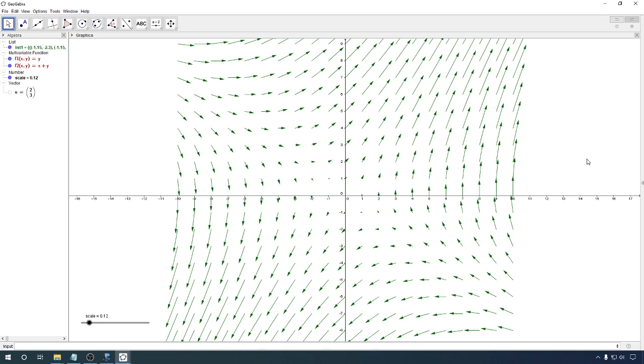These are the same kind of pictures that we might use for something like wind speed or currents in the ocean, where we're showing what direction and what speed or magnitude we have for every point in a whole region. So this is very useful for a lot of applications.